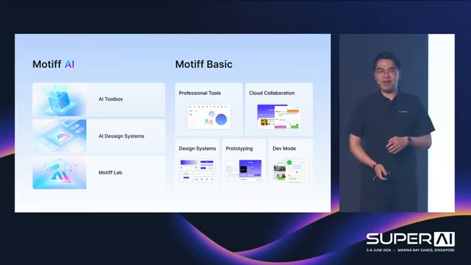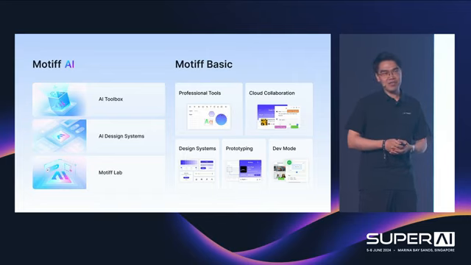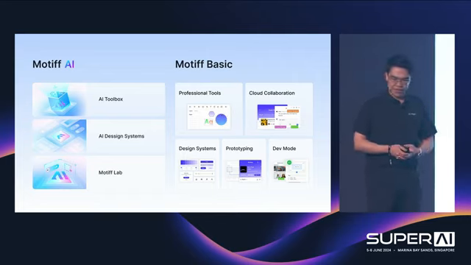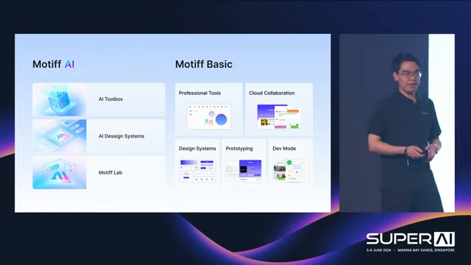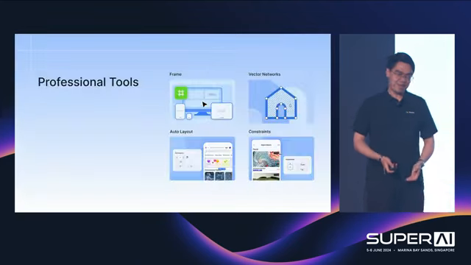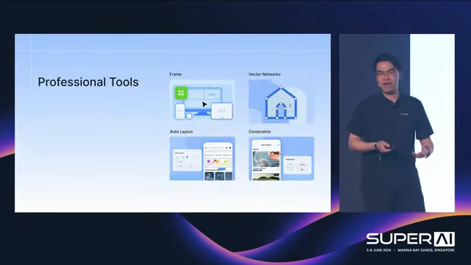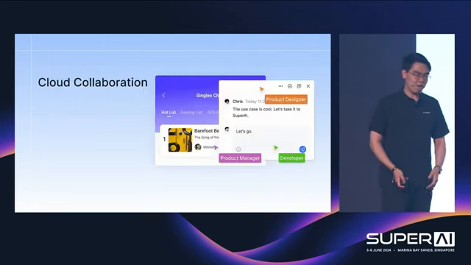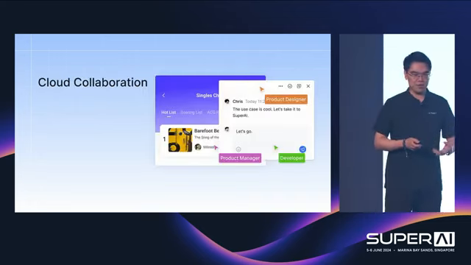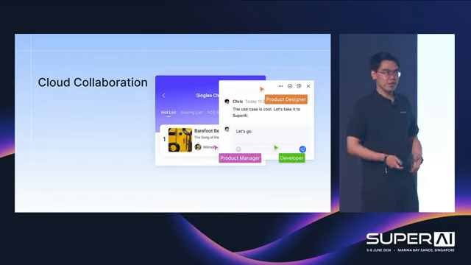Last, let's take a holistic view of Motif. And besides the features I just introduced, the AI features, Motif is also a very strong professional design tool. So we offer comprehensive features like professional tools, even with some advanced tools like auto layout constraints, vector network here. And also, we are a design tool based on cloud. So for multiplayer collaboration, it's OK.